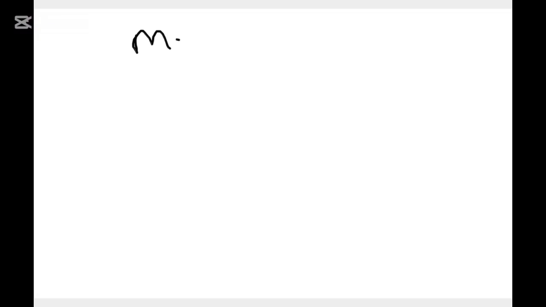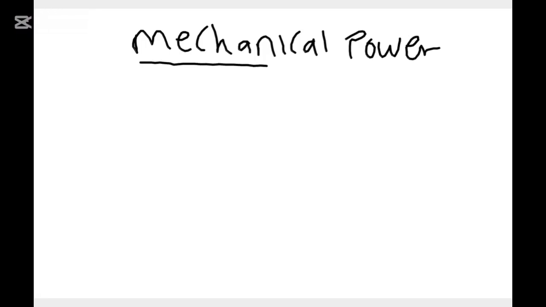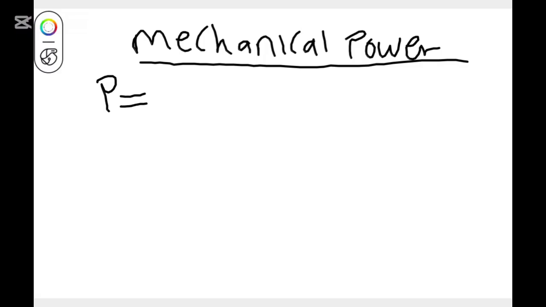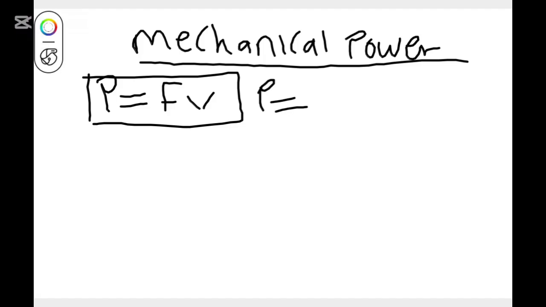So we have the mechanical power. The mechanical power, which is P, is the same thing as F multiplied by speed. You have to take note that P stands for the power, which is measured in the SI unit, watts.